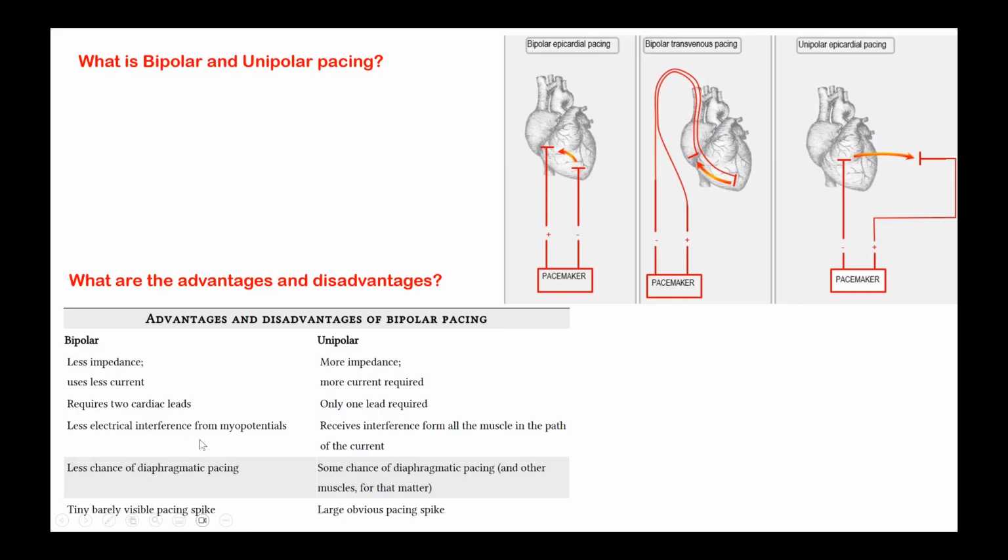Bipolar has less electrical interference from high potentials and less chance of diaphragmatic pacing, whereas with unipolar you can stimulate the diaphragm also. The spike is barely visible in bipolar, and the ECG will show a large spike with unipolar. This is mainly given to show you how the ECG change can happen.